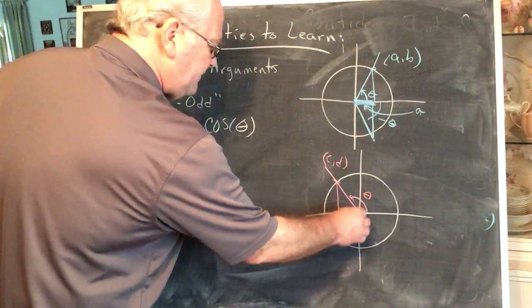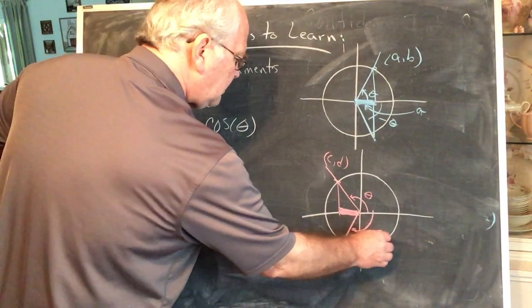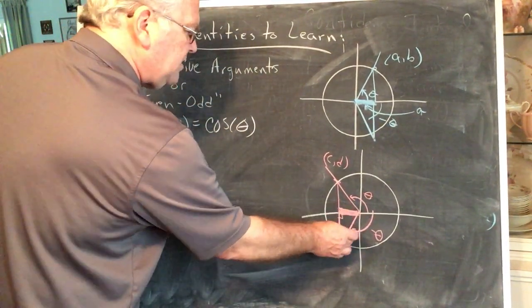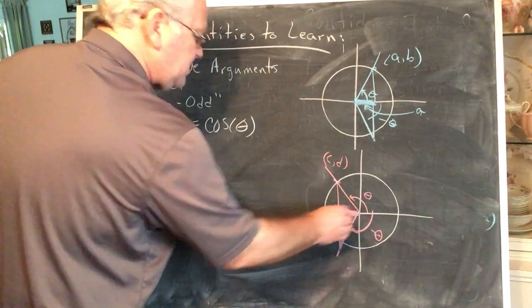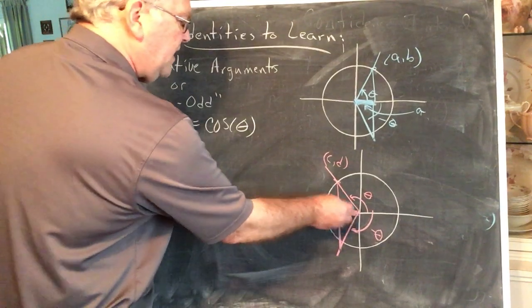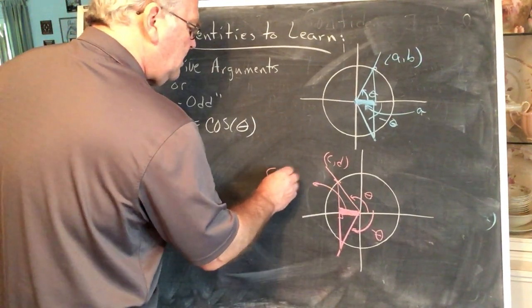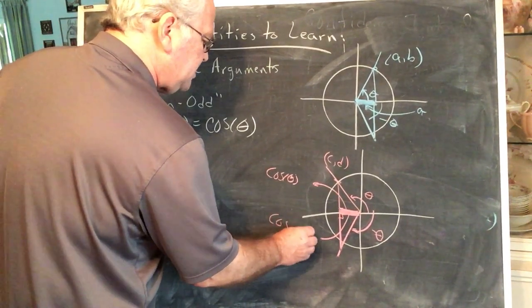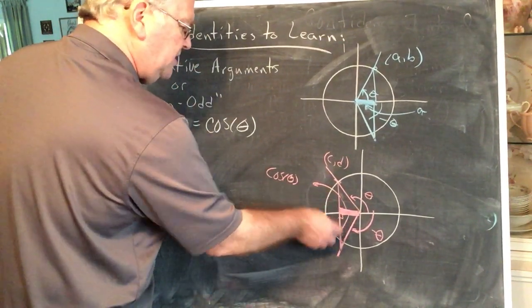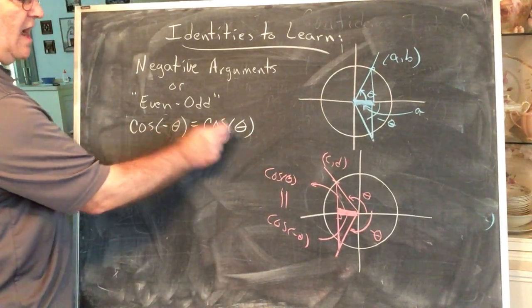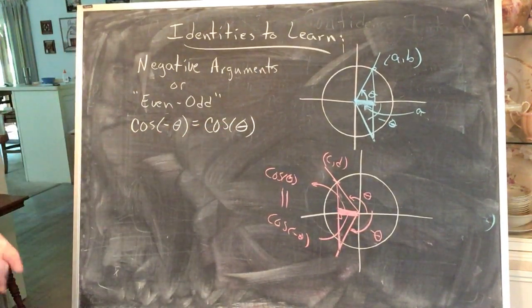But when we make negative theta and drop the perpendicular, cosine of negative theta is also the x-coordinate, and it is the same x-coordinate. So this is cosine of theta, and this is also cosine of negative theta. They're equal to each other. Cosine of negative theta and cosine of positive theta are equal to each other.